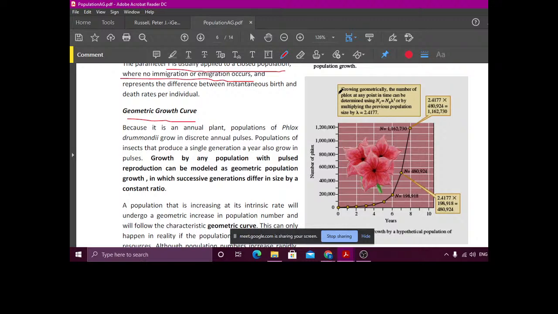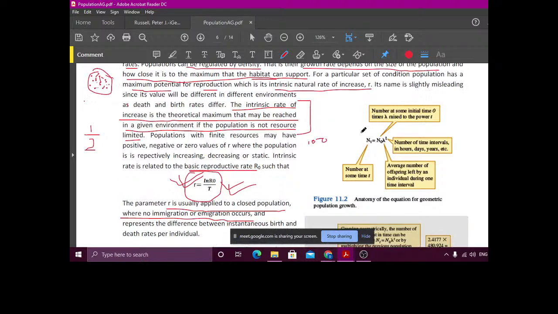The number of flocks, a type of flower, at any point in time can be determined by using this formula. So for this geometric growth, this integrated formula is used, that is Nt is equal to N0 lambda to the power t. So what are these? Nt is the number or the population at some time t.